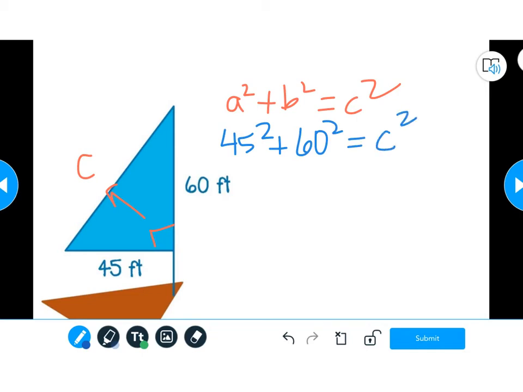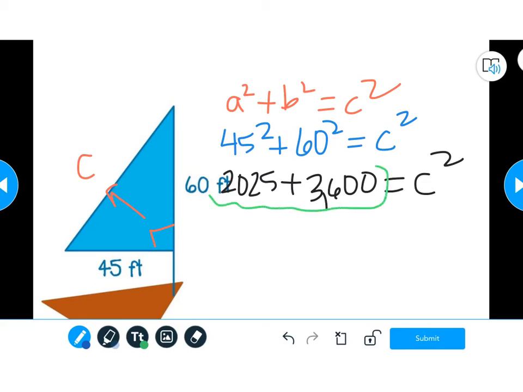Grab your calculator and do 45 squared or 45 times 45. Okay, so that's 2,025. And then 60 times 60 is 3,600. And that equals c squared. Then you simplify. Add those amounts together, which equals 5,625 for c squared.